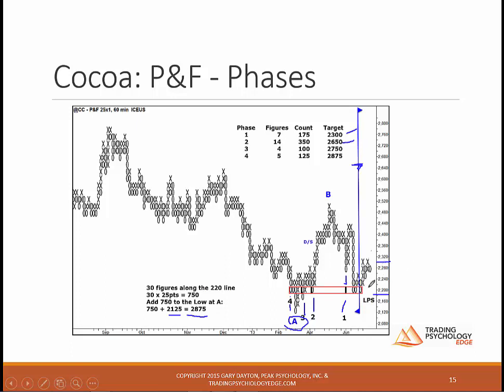Well, we don't know that for sure, but we certainly know that there's more demand than there is supply in here. So we have at least a good shot of getting into this area here, into the 2650 level. And then if things go well, we would continue to add our counts, our phases on up to the full count. Okay, that should be pretty straightforward. Any questions about that?